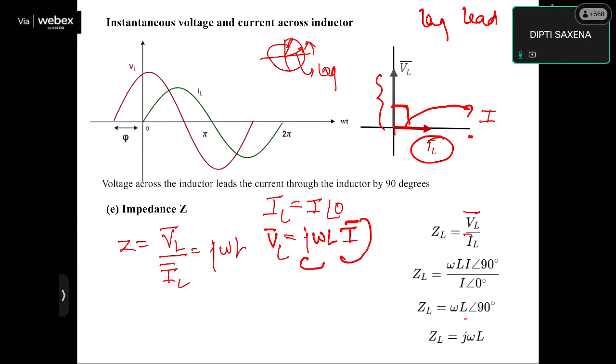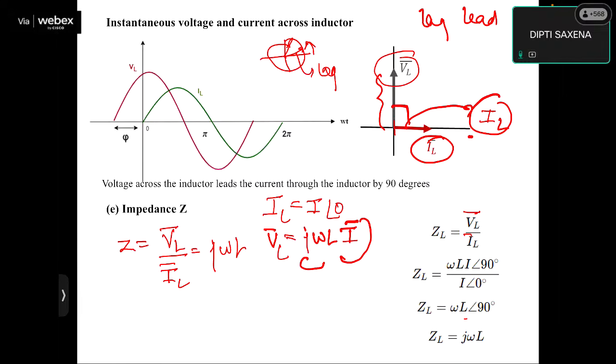In a similar way, you can say that the voltage across the inductor leads the current through the inductor by an angle of 90 degree. That is, for defining lagging or leading, you have to define the reference phasor and then talk about which term is lagging with respect to what. So there is no thumb rule that lag angle would always be negative and lead angle would always be positive.